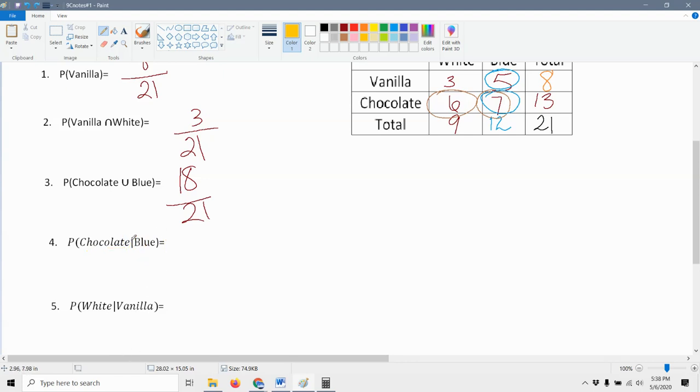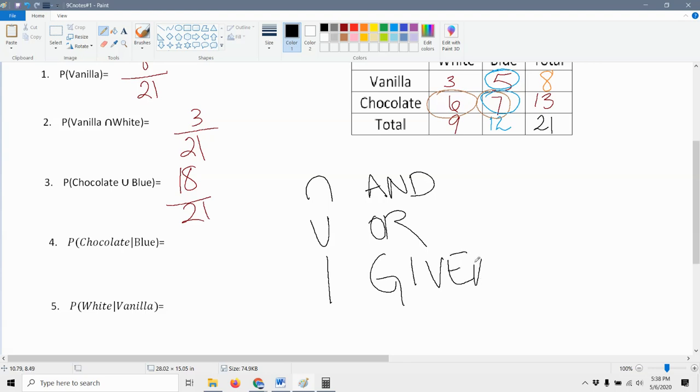Well, this line, just like we have talked about, this new symbol means and, this new symbol means or, this line we say as given, okay? So when we read this, it says, what's the probability of chocolate given blue? Okay, given. And that's conditional probability.